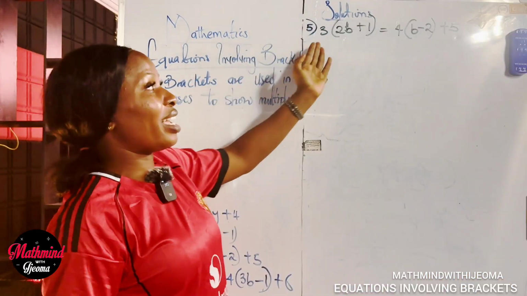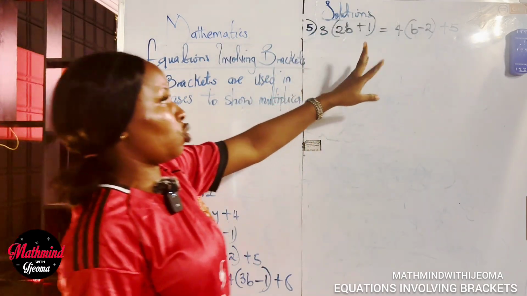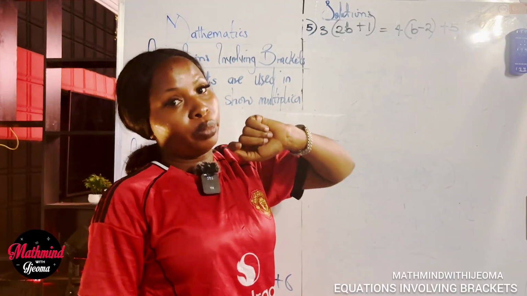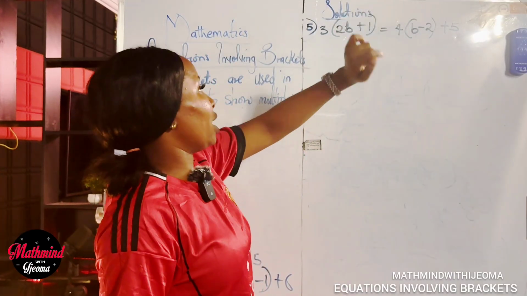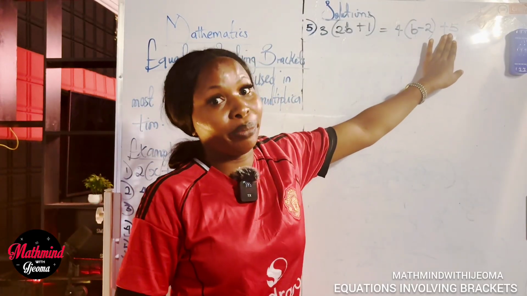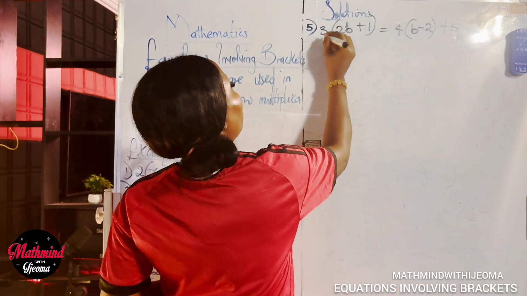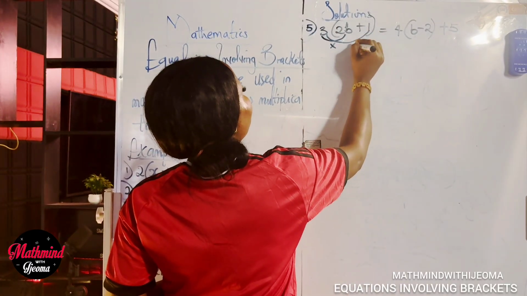Now the next example says 3 bracket 2b plus 1 equal to 4 bracket b minus 2 plus 5. Now, what do you do? Open the brackets first. Remember, this plus 5 will remain plus 5, okay? So, let's go. This times this, and this times this.